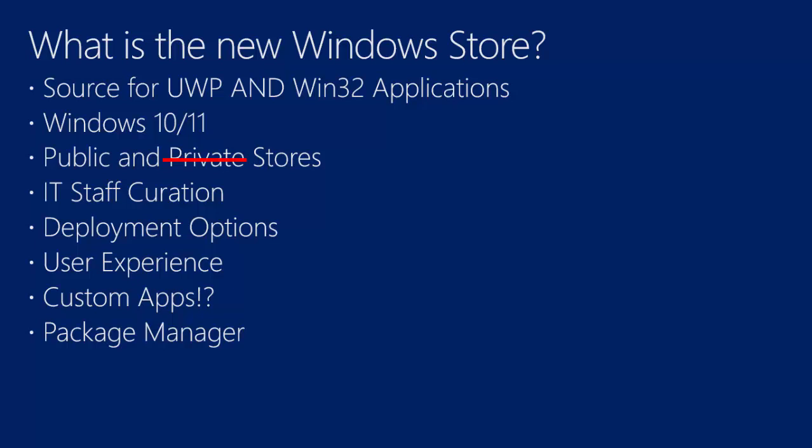Absolutely. Could you do it manually? Sure you could, right? Because the store for business just simply uses package manager and winget commands to do its thing. So it's absolutely possible to deploy manually using command line tools. That's kind of how the third parties we envision will implement management, would be through using options like that, right?